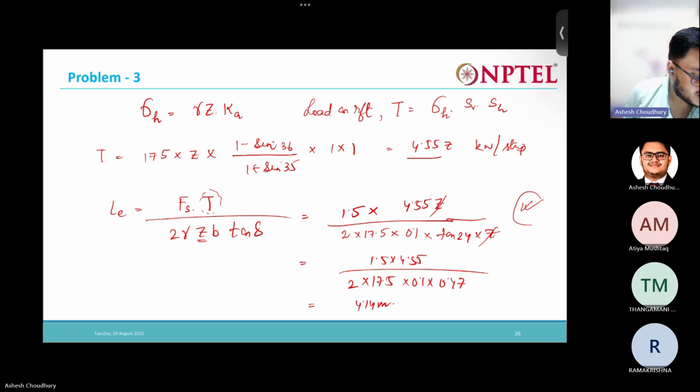Before that, we will check that the maximum tension, the total combined tensile load coming on all the strips, is less than or equal to the active thrust.